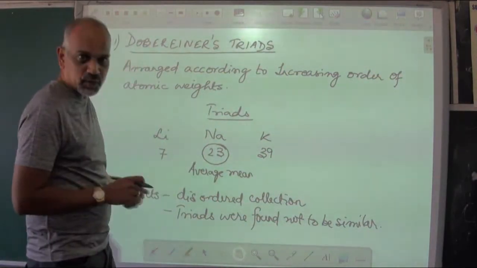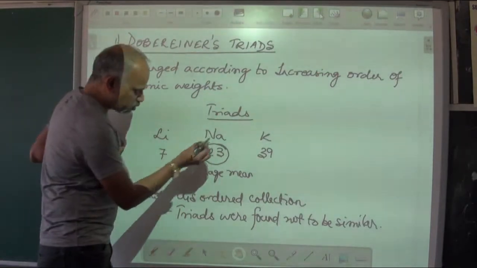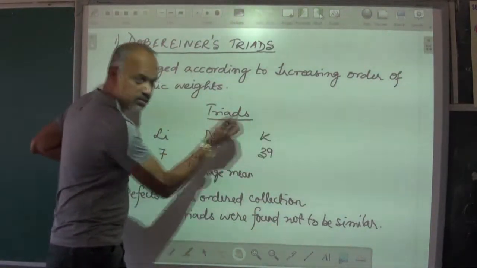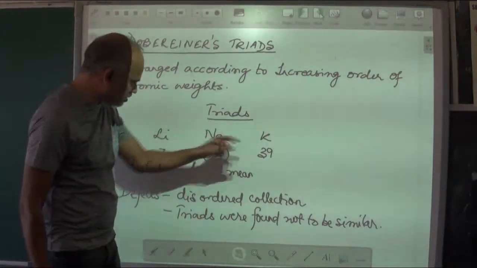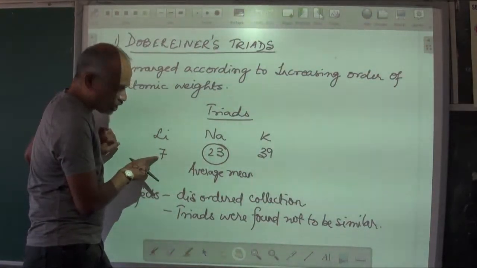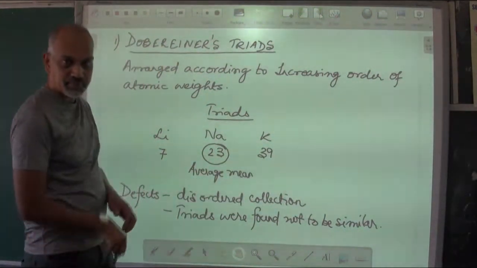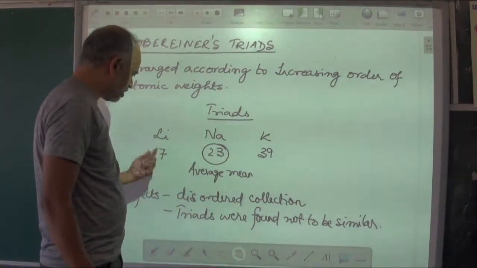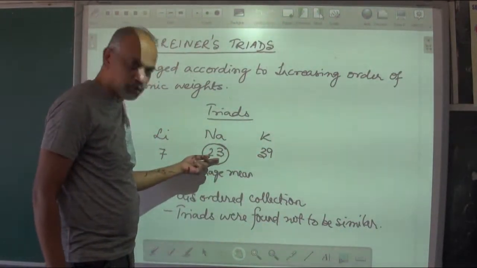I have given you an example of such a triad. You have lithium, sodium, potassium all arranged together. This is called a triad: three elements put together. Now, lithium has atomic weight 7, potassium has 39, and sodium has 23.